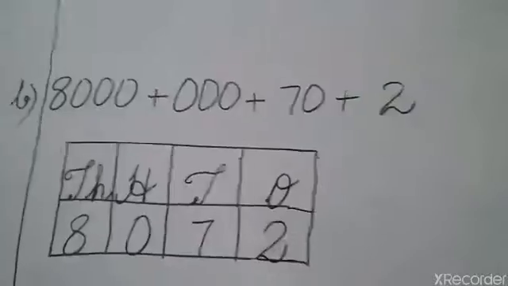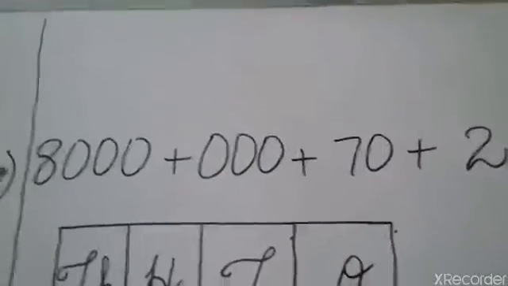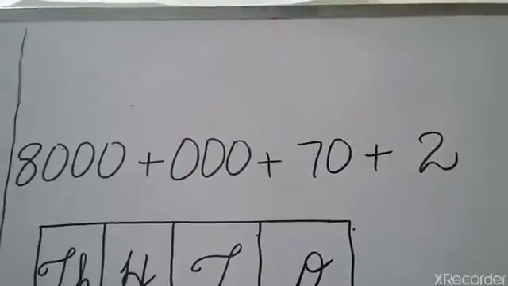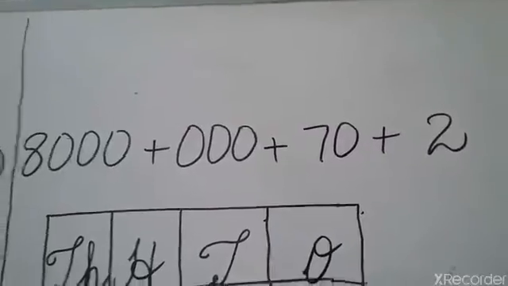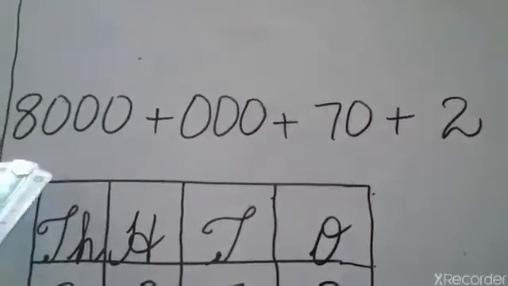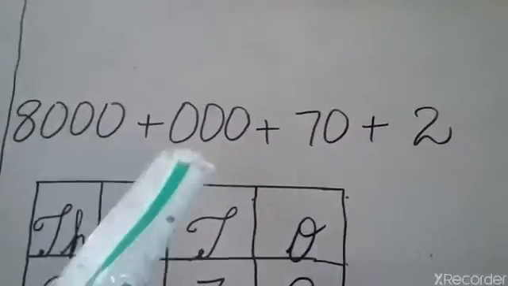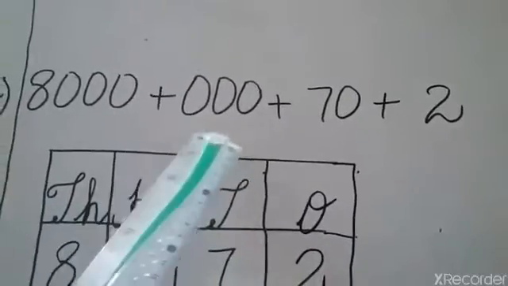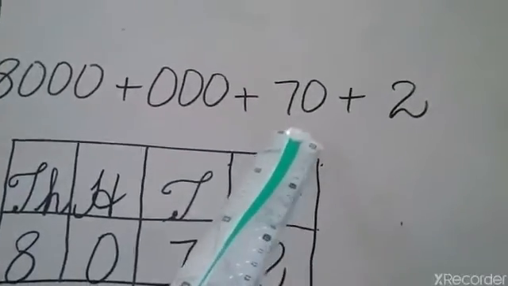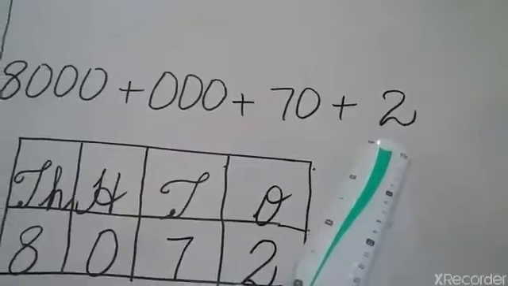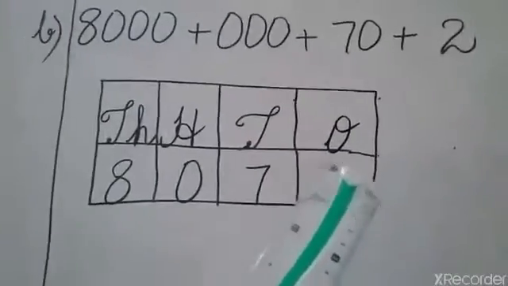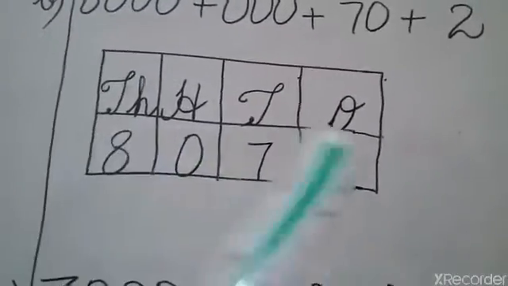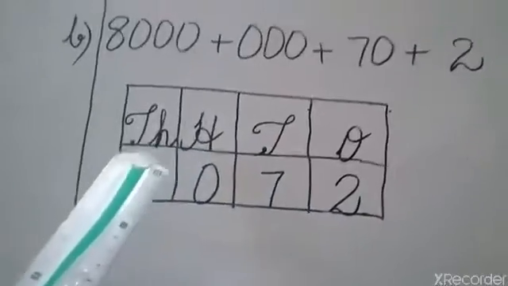Now we start part B. In B part we have the question 8000 plus 30 plus 70 plus 2. It means the place value of 8 is 1000, the place value of 3 is 100, the place value of 7 is tens, the place value of 2 is ones. We draw the place value chart first: ones, tens, 100 and 1000.